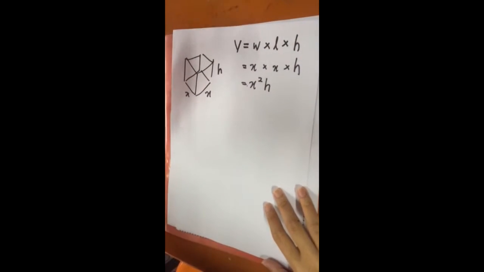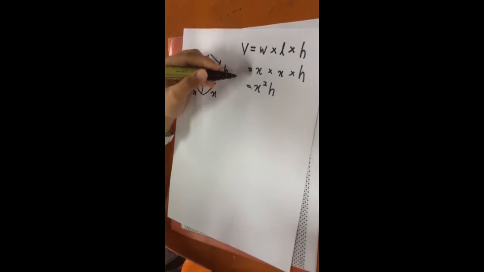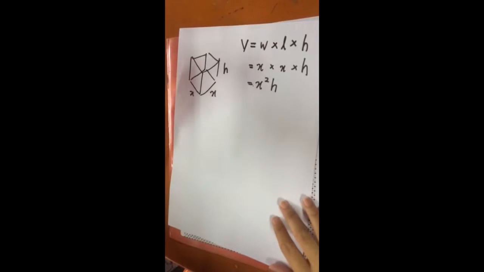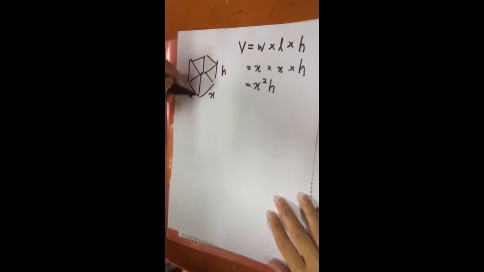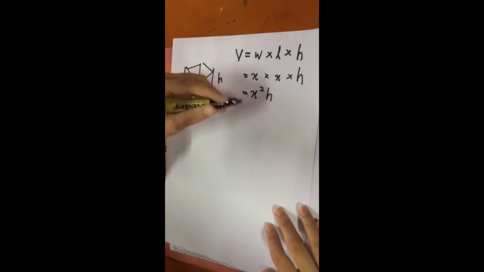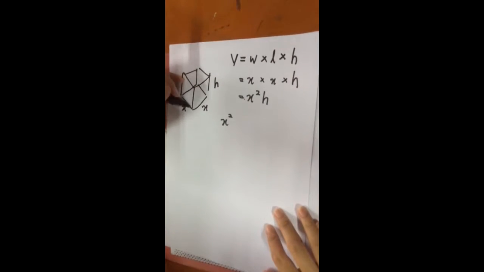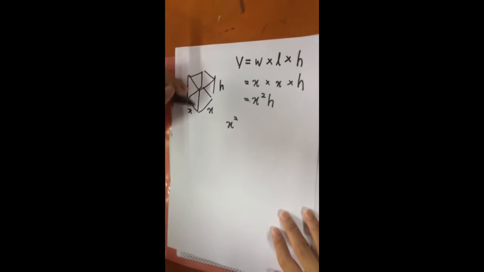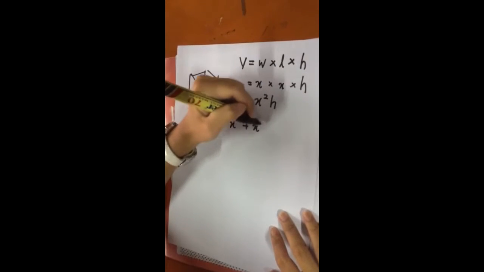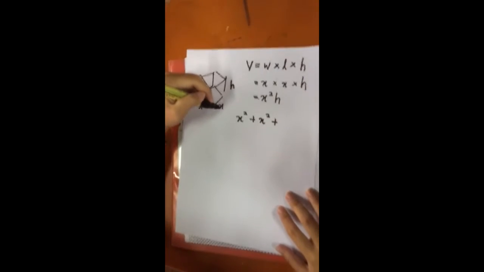Then from the question, we know that the area of the material we have is 10 meters squared. So the total surface area of the box is 10 meters squared. The formula for the total surface area: the bottom is x squared, but we have two square parts, the bottom and the top, so x squared plus x squared, and then plus the four side parts, each with area x times h.